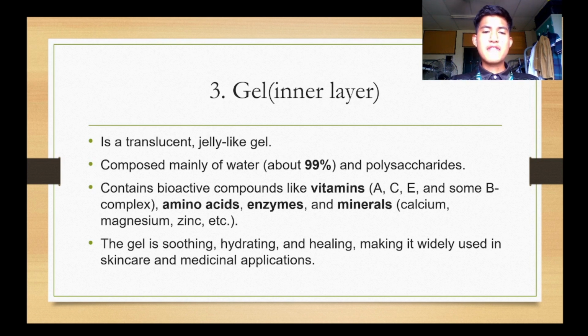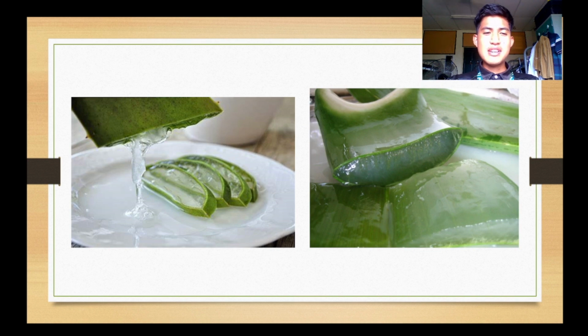Gel contains bioactive compounds like vitamins, amino acids, enzymes, and minerals, and it's very good for hydrating, healing, and soothing skin, and it's also very good for medical uses. As you can see here, this is the picture of gel, and it's translucent. It contains mostly water, as stated before. This is the inside layer here.